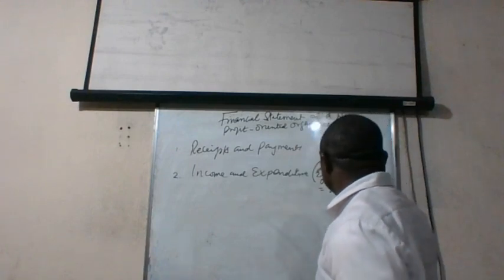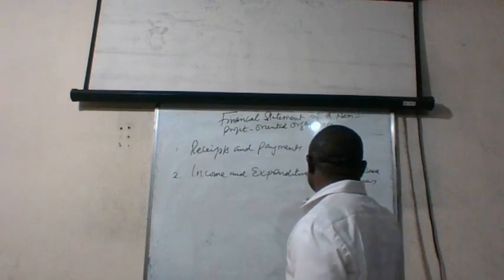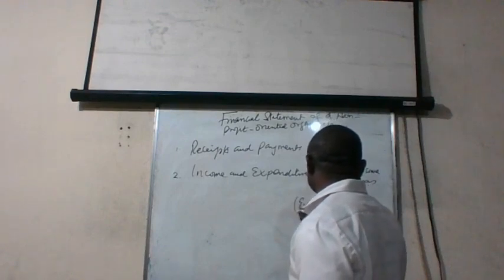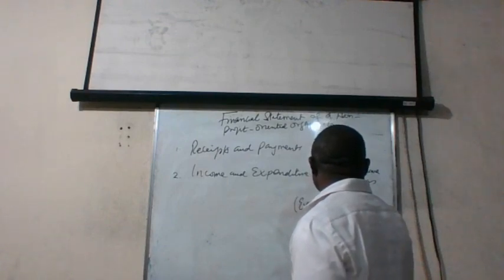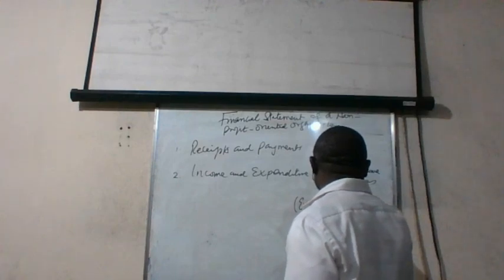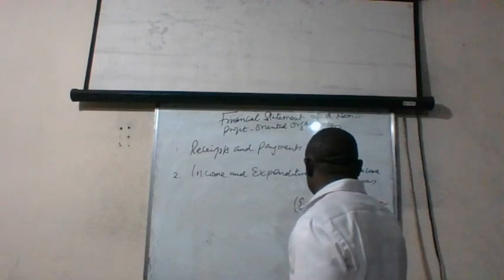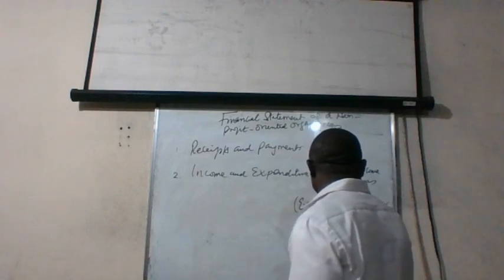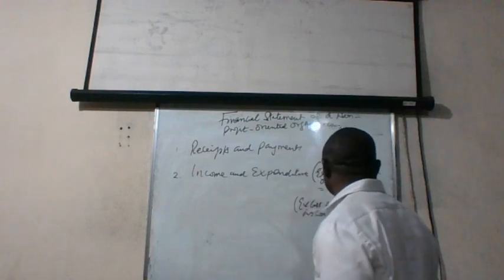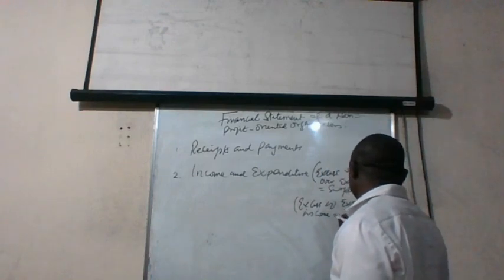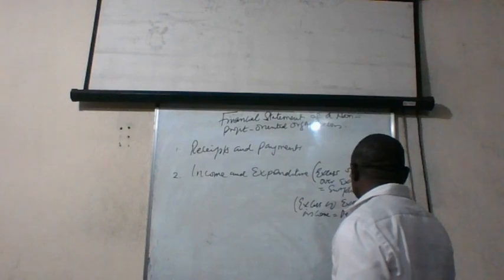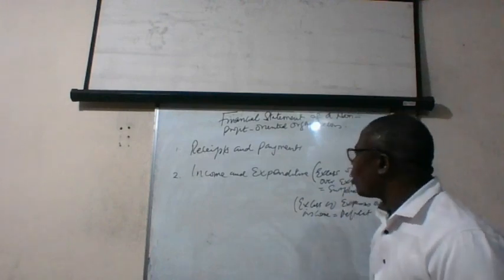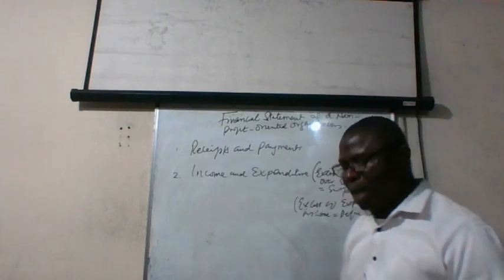When we talk about deficits, we have what is called the excess of expenses over income. That means that your expense is more than income. That will be equal to what? Deficit. So this is the aim of preparing income and expenditure.